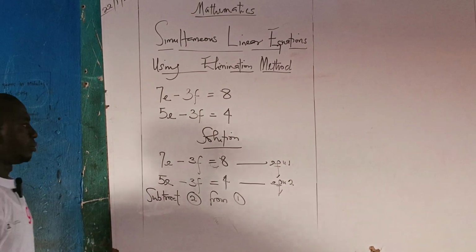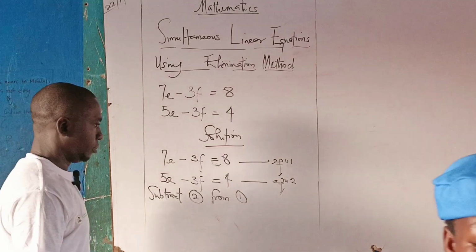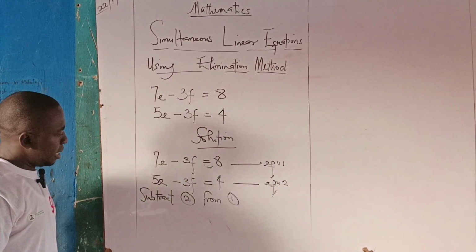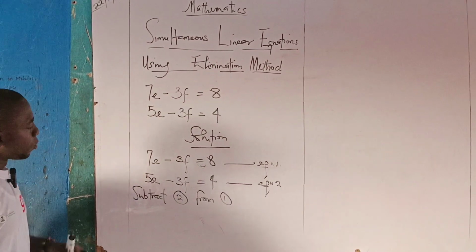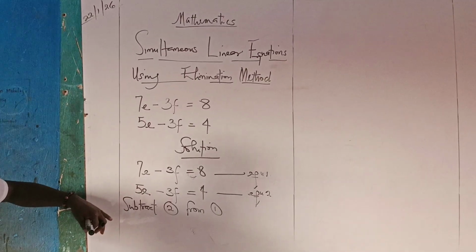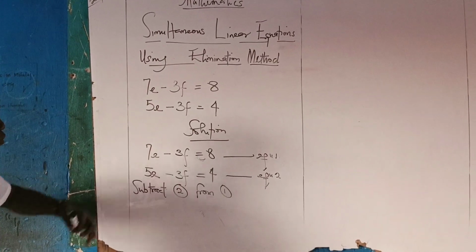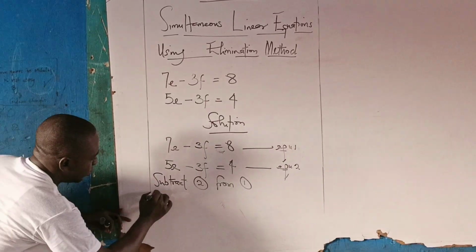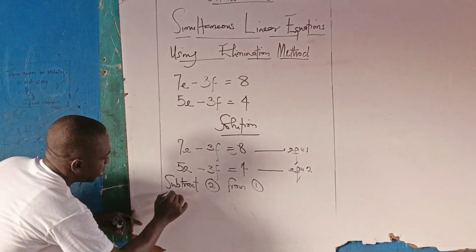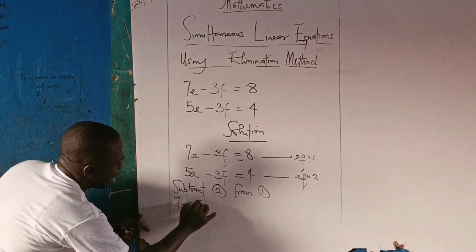Now we have this. That means we subtract equation 2 from equation 1. That is 7e minus 5e.